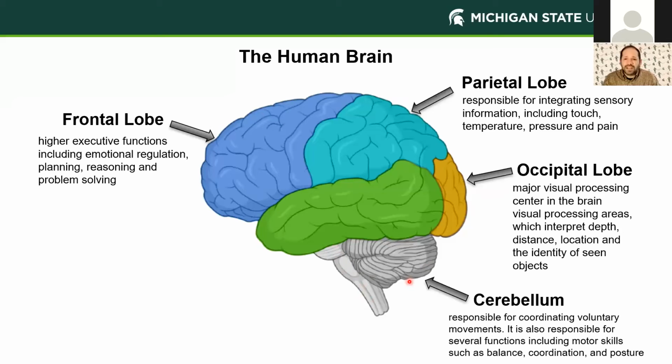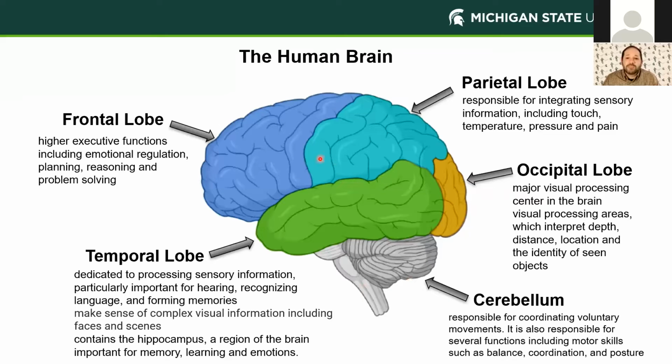The most important area, or actually the physiologically relevant region that we're going to be talking about today, is the temporal lobe. It is this region here that is separated from the frontal and the parietal lobe by this lateral sulcus. The temporal lobe dictates the processing of sensory information necessary for hearing, recognizing language, and forming memories.